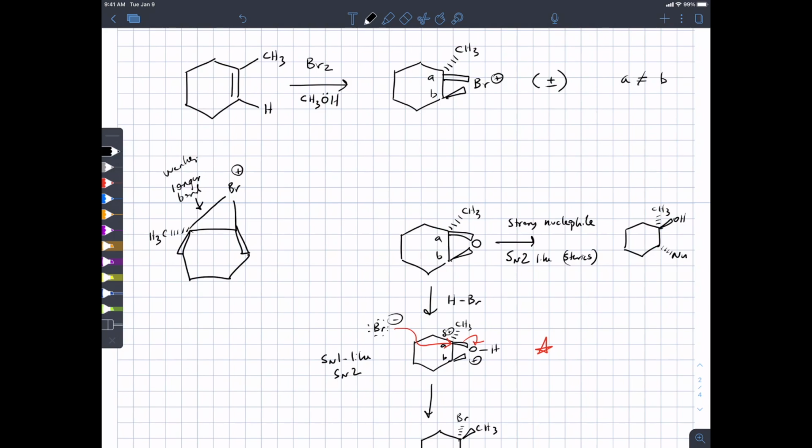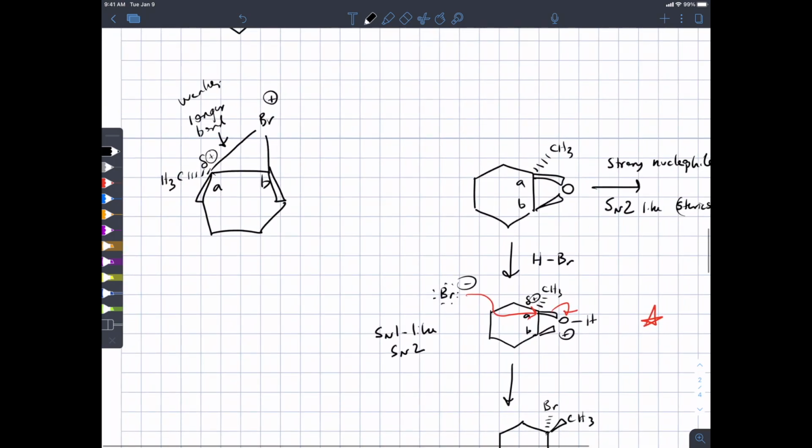If that bond is longer, that means that the electrons in that bond don't spend as much time around that carbon, carbon A, as they do for carbon B. As that bond lengthens, there will be partial positive charge on that carbon.